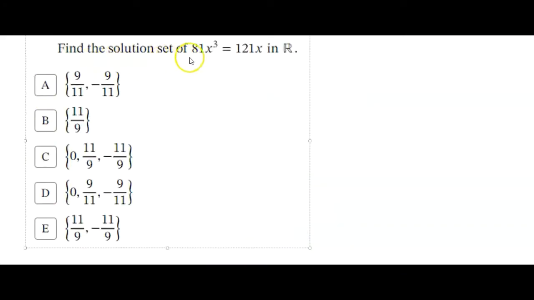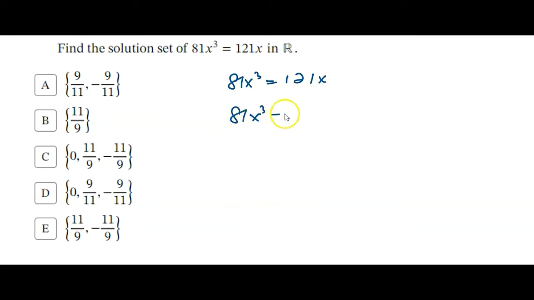Find the solution set of 81x cubed equals to 121x. Okay, 81x cubed equals to 121x. We can move every term to the left hand side and leave the right hand side to be 0. Then I will factor out the x. I got x times (81x squared minus 121).